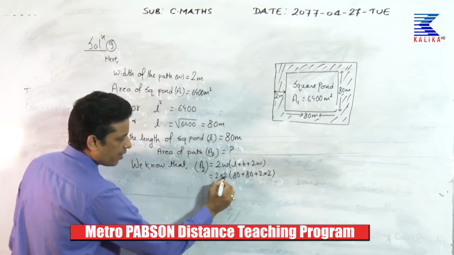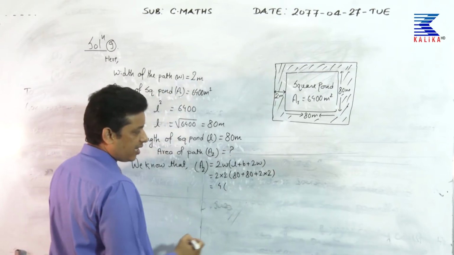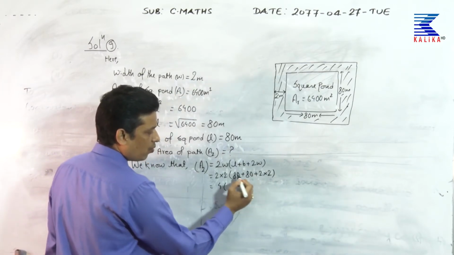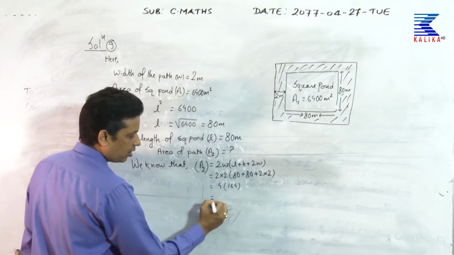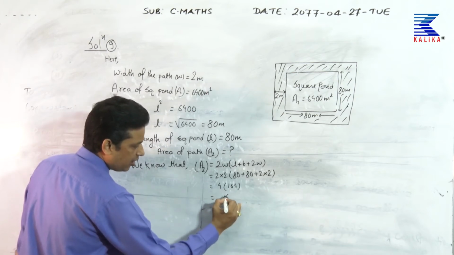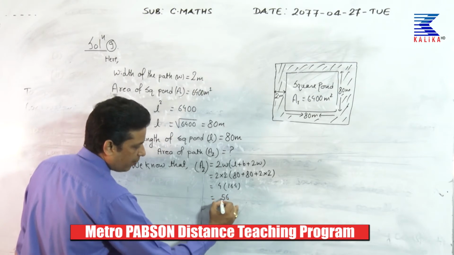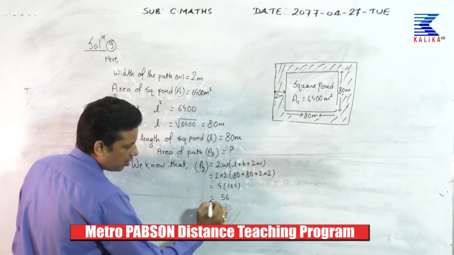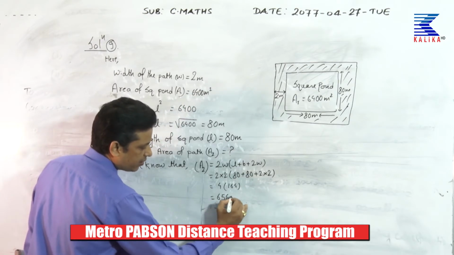Now, 2 times 2 is 4, 80 plus 80 is 160, 2 times 2 is 4, 160 plus 4 is 164. If you multiply, you will get 4 4s are 16, 4 6s are 24 and 1 is 25, 4 1s is 4 plus 2 carry over, it is 6.